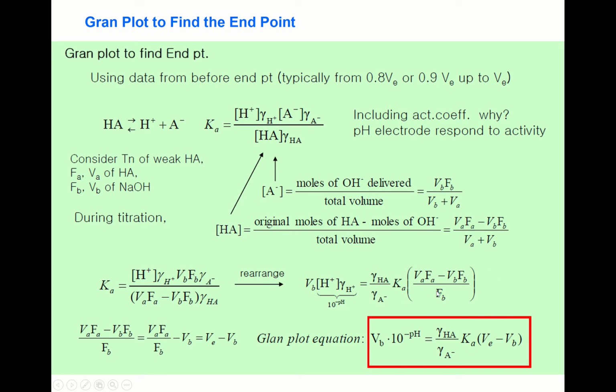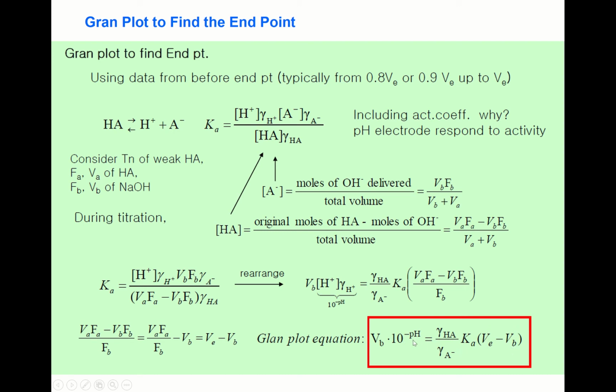And look at the first term, VA multiplied by FA divided by FB, that is what? Equivalence volume. That's the equivalence point, VE. So this equation can be simplified to this one: VB times 10 to minus pH equals the gamma ratios, and this one Ka, the equilibrium constant, multiplied by VE minus VB.